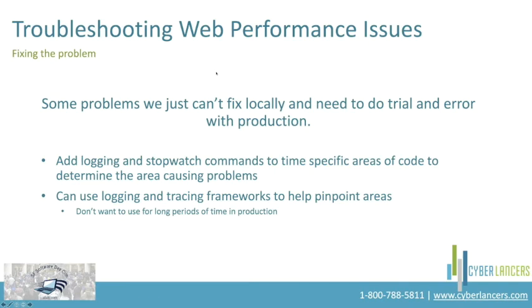And then since we couldn't duplicate the issue locally and the database itself was 50 gigabytes, we couldn't bring down the database. So the only thing that we were able to do was to add some different stopwatch commands around different parts of the code, put it up into production at a time when no one else was using the application, and take a look at the logs to identify exactly where the issue was happening. And by doing some trial and error, putting in different logging areas, we were finally able to narrow down the problem and fix it.